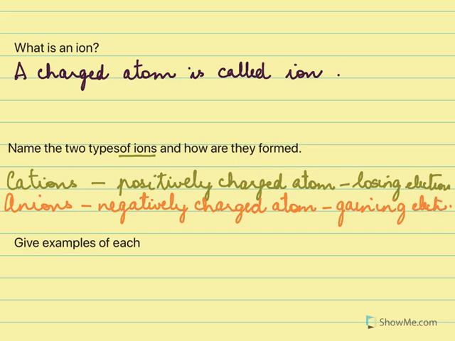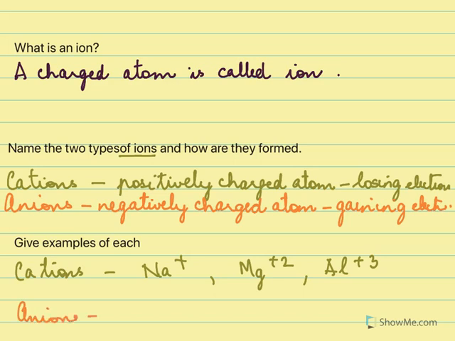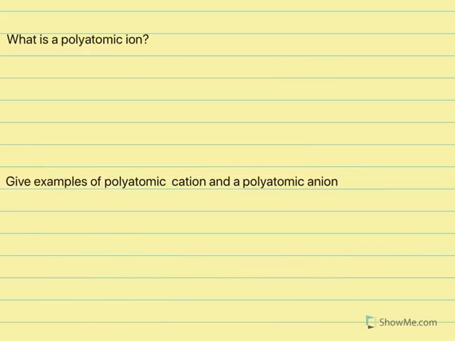Now, examples of cations, positively charged, could be sodium, Na+, magnesium 2+, or aluminium 3+. Examples of anions could be chlorine 1-, nitrate 1-, oxide 2-, all anions with negative charge.